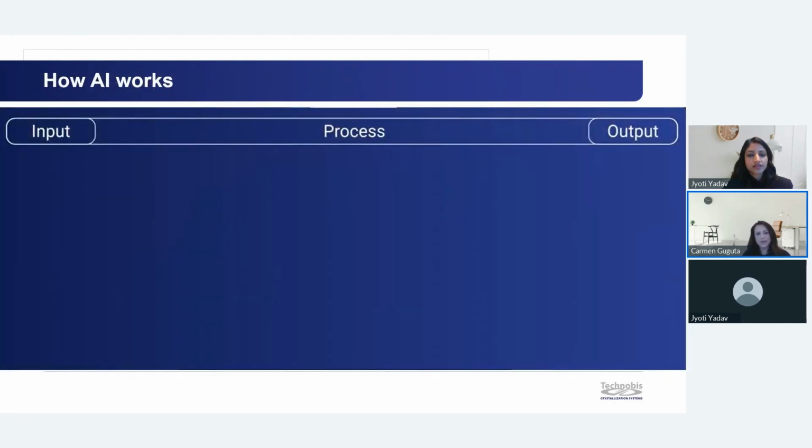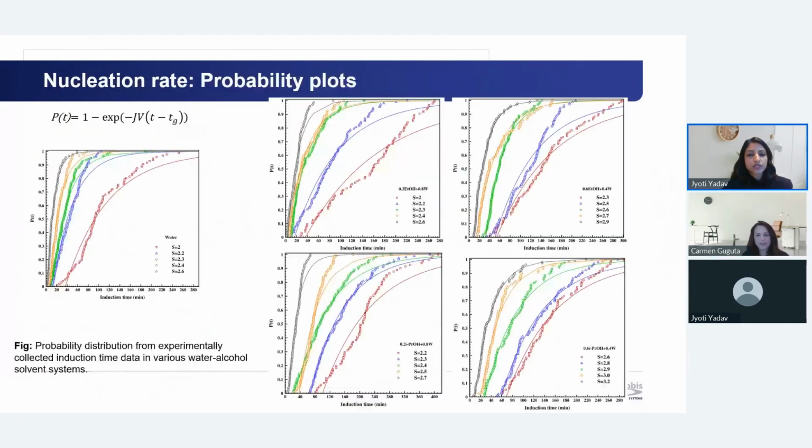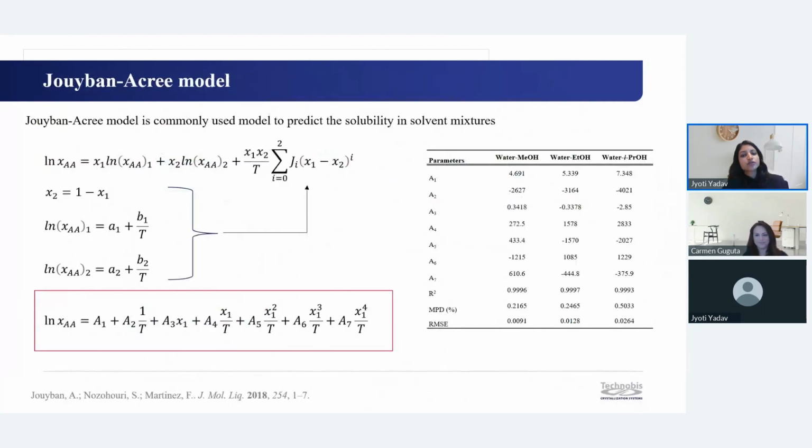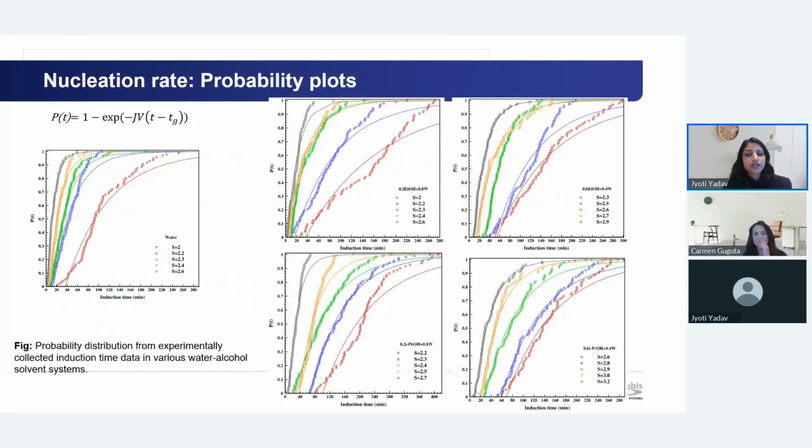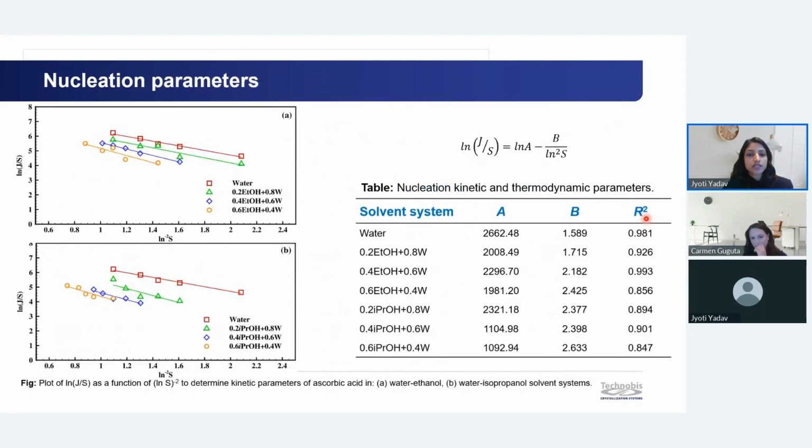Yes, what I can say is for nucleation analysis, the latest version of Crystal 16 V3 automatically generates these probability plots, and from these probability plots, it automatically calculates the nucleation parameters, where we don't have to do anything or do the calculations.